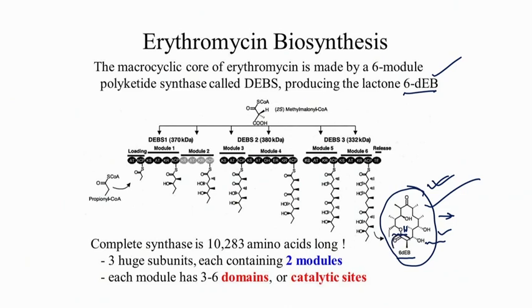So, this is your one extension unit, that is your another extension unit, this is your third extension unit. Actually, we are going in the reverse direction. This is the fourth extension unit, this is the fifth extension unit, this is the sixth extension unit. Okay. So, there are 6 extension units and now this is your starter unit.